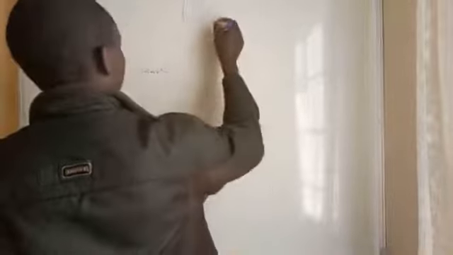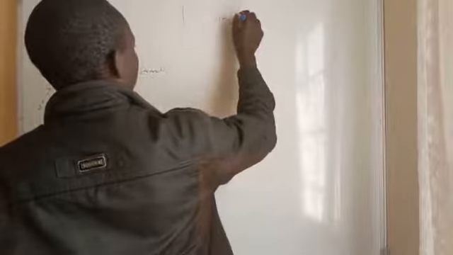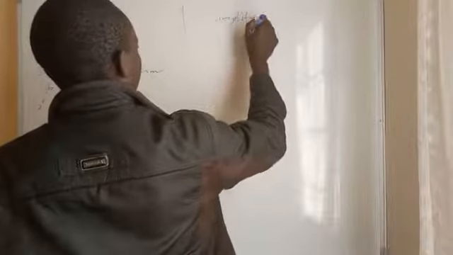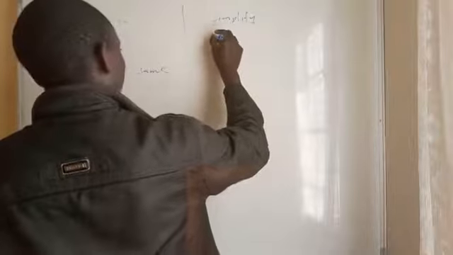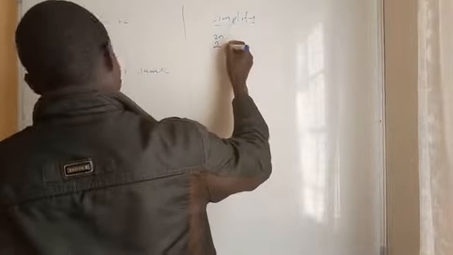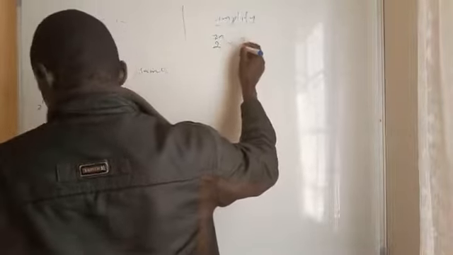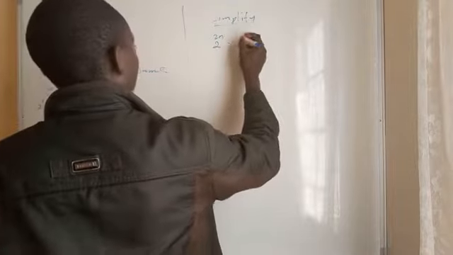You have been told to simplify 2 power 2n times 3 power 5.